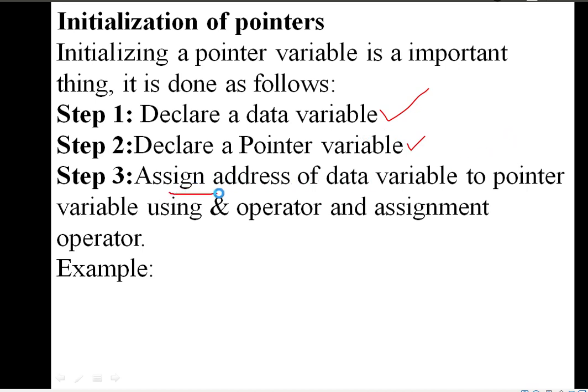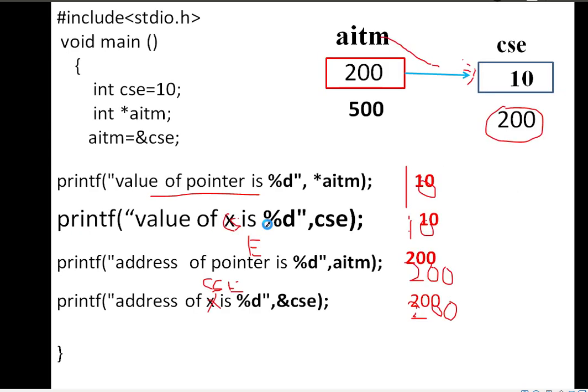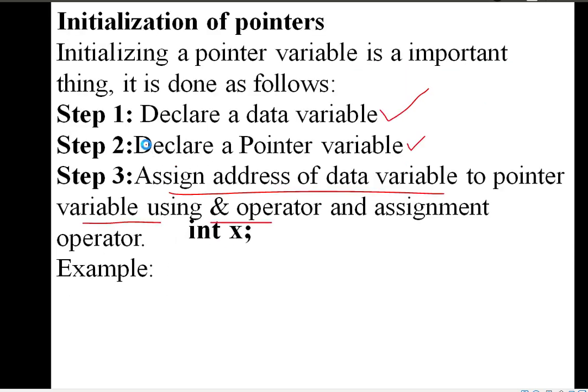Then assign the address of the data variable to the pointer variable using the address operator. Example: int x, declare a data variable, and next the pointer variable, just put a star mark followed by any name.